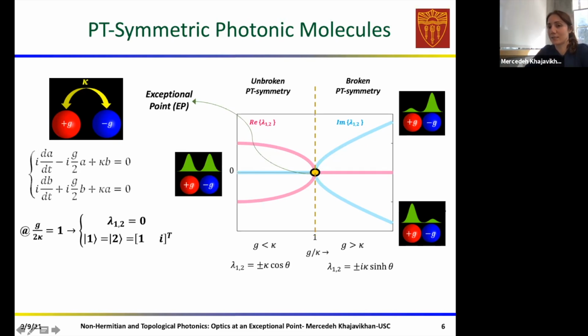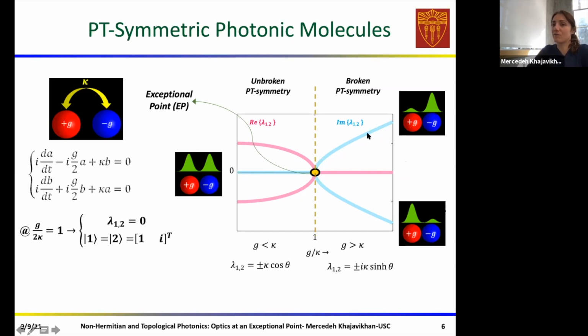But when you pass the exceptional point and reach the PT broken regime, the modes reshape in such a way that for one of the modes more of the power will be in one resonator, and for the other mode more of the power will be in the other resonator.